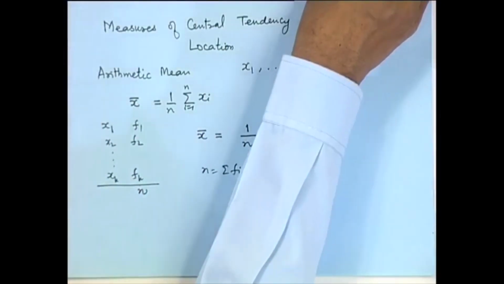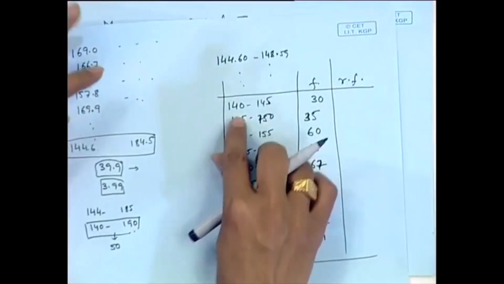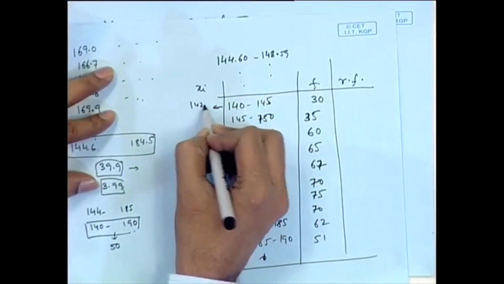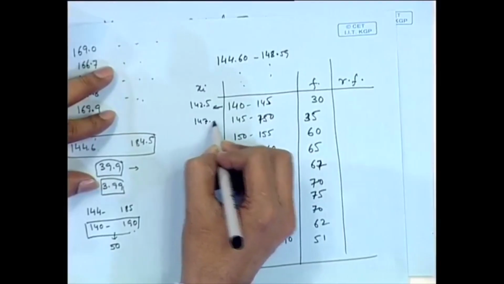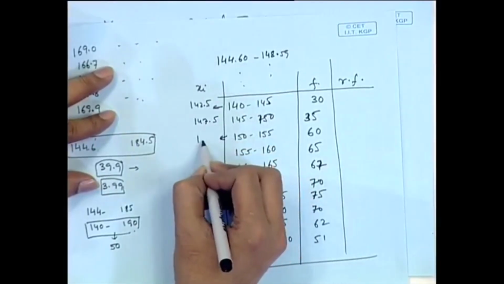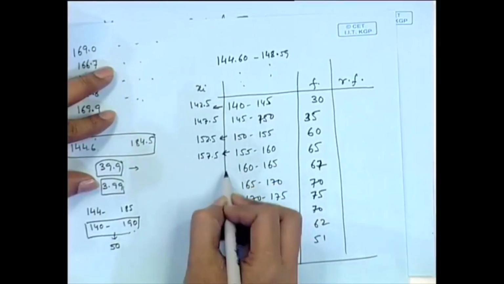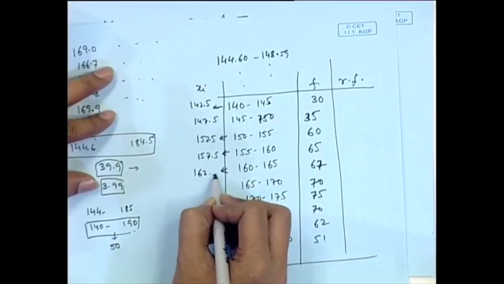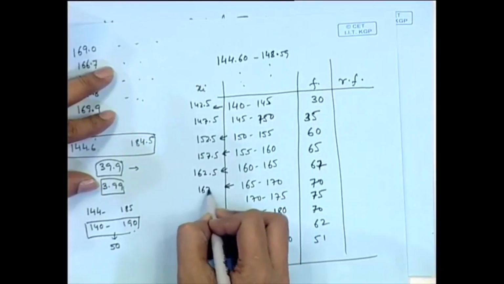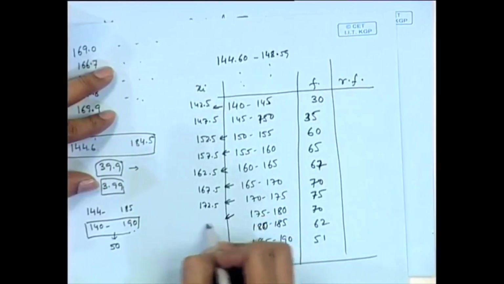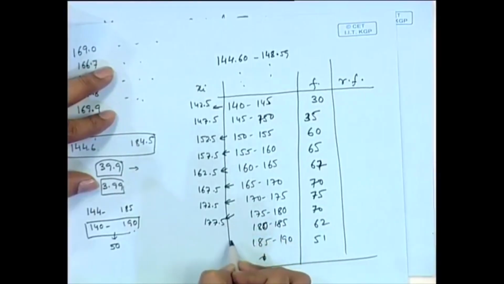So, in the case of this particular example, you may take x i's as say 142.5, 147.5, 152.5, 157.5, 162.5, 167.5, 172.5, 177.5, 182.5 and 187.5.